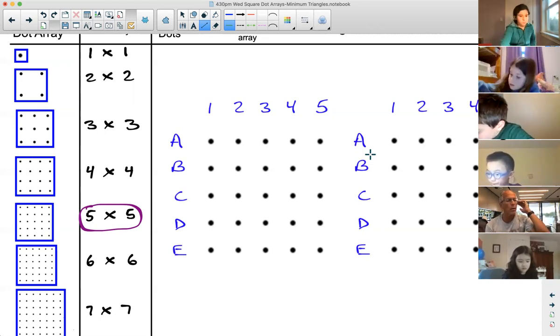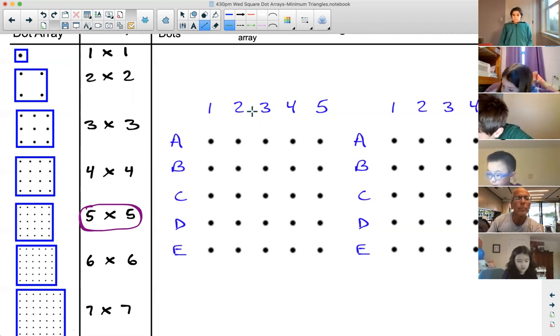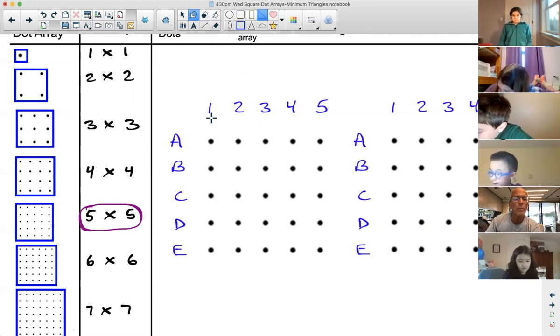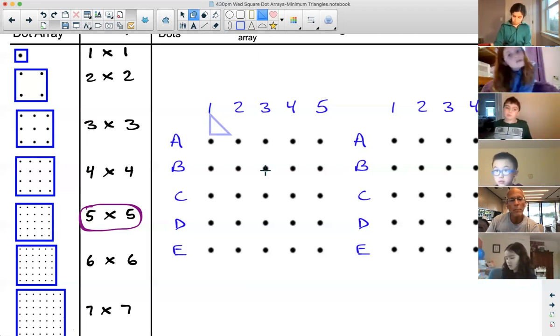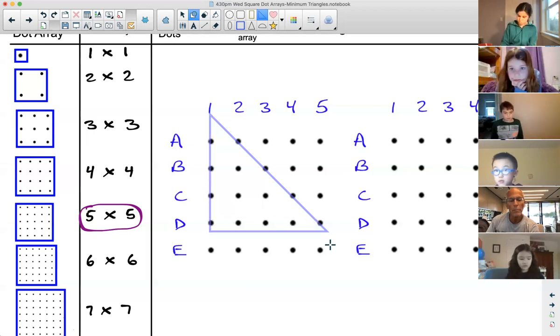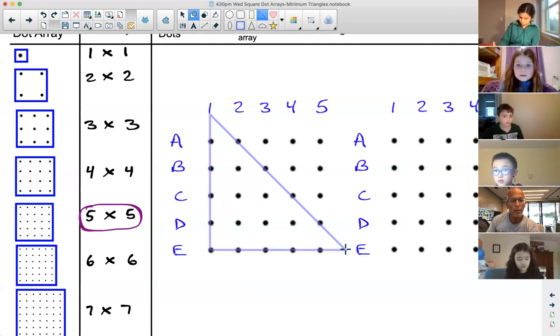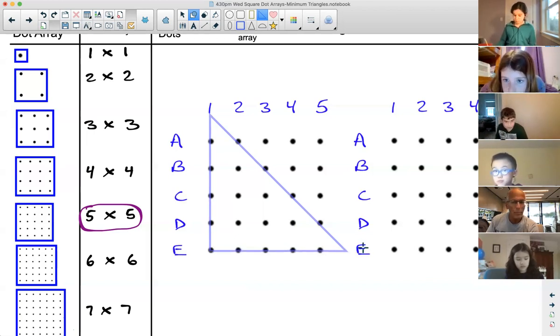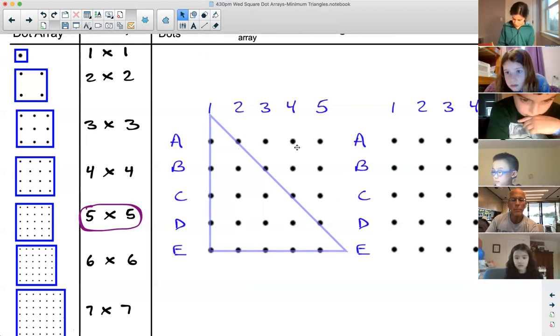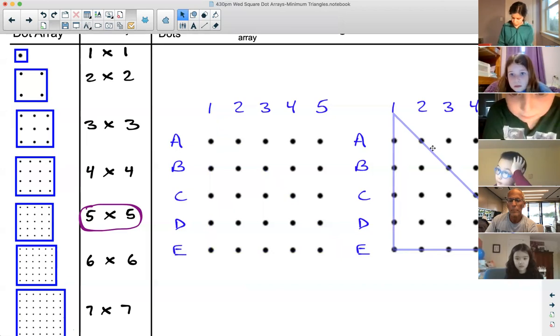Go ahead, Mark. So you go A1, 1 unit up. I'm waiting for the next coordinate, my friend. You go to A1 and 1 unit up and go all the way down to E1. Keep going. And then you make from A3 to C5 to A5 back to A3.